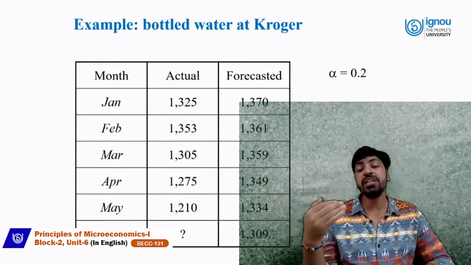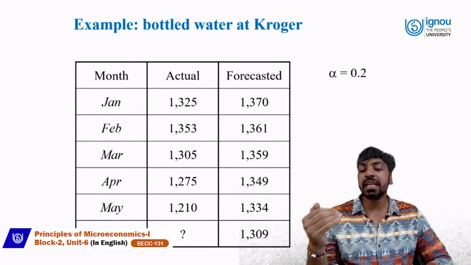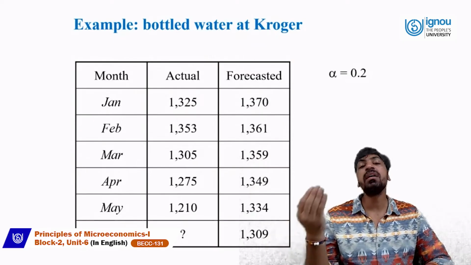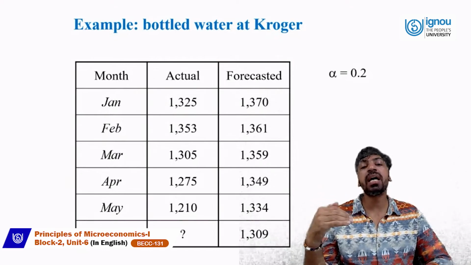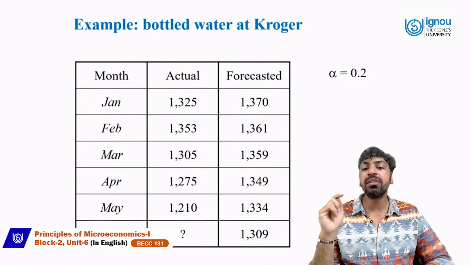Now you need to calculate the forecasted value of the June month. While calculating the forecasted value of the next month, June, you have to use the actual and forecasted values of May. So 1210 minus 1334, times 0.2.